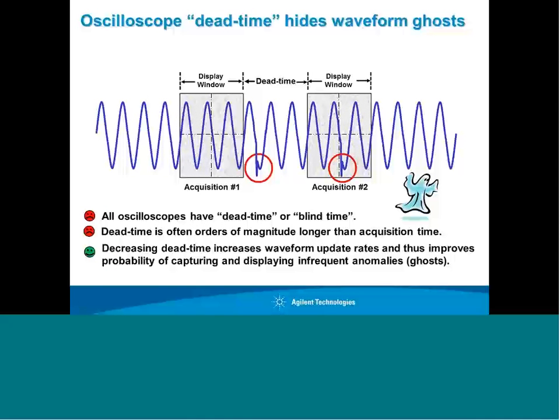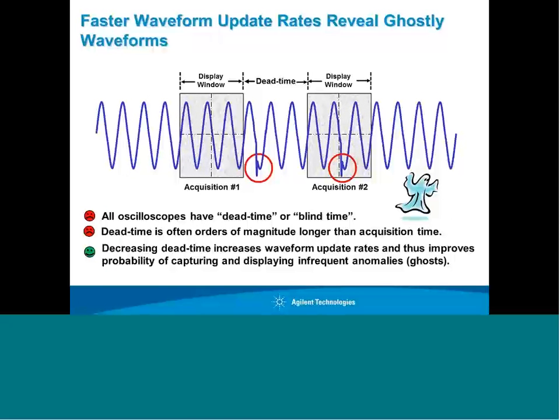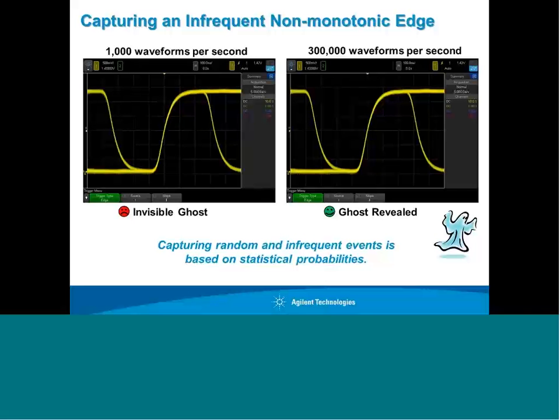Here we show now a scope that has decreased dead time, and now we missed 1 anomaly, but we captured 1 anomaly. So decreasing dead time will increase waveform update rate, which will improve the scope's probability of capturing an infrequent event.